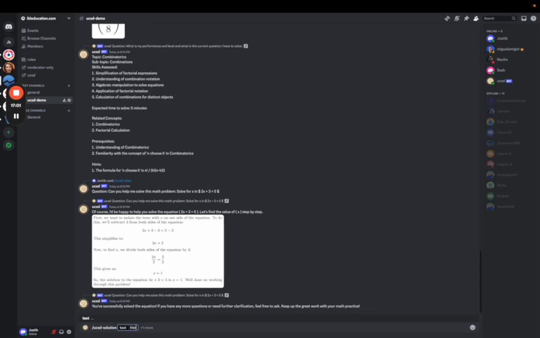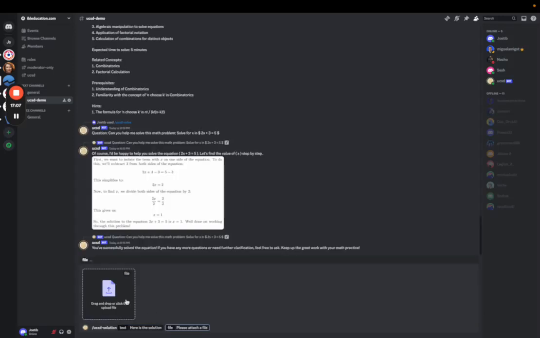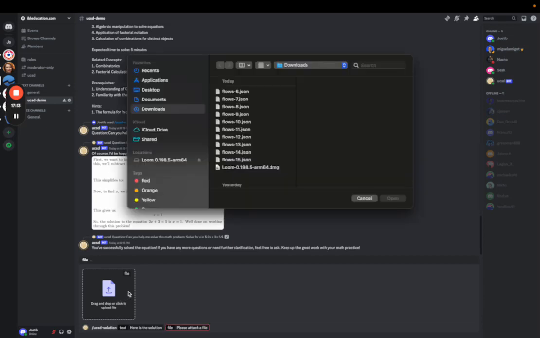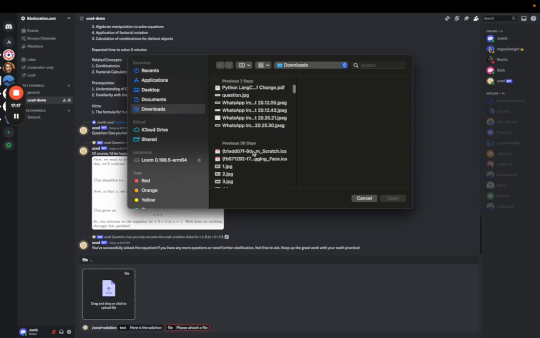So I use something like here is the solution. Then I can select a file option as attached to the bot command. I'll choose a file on my device, an image.